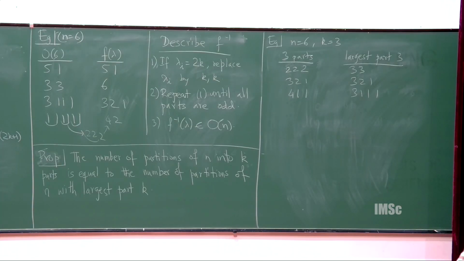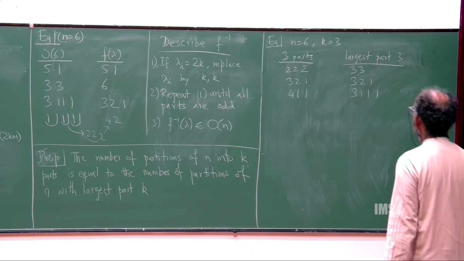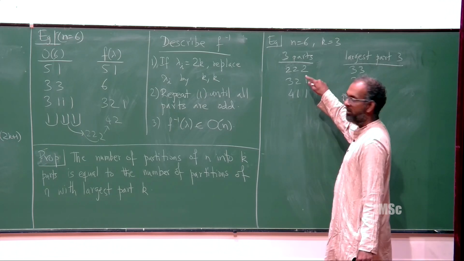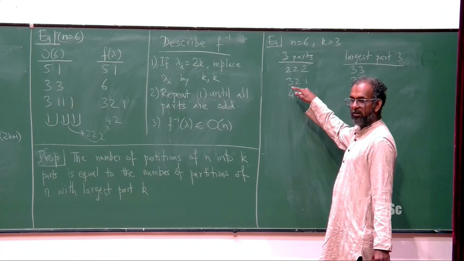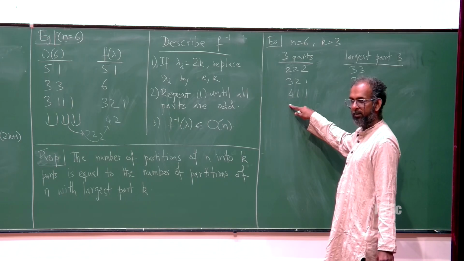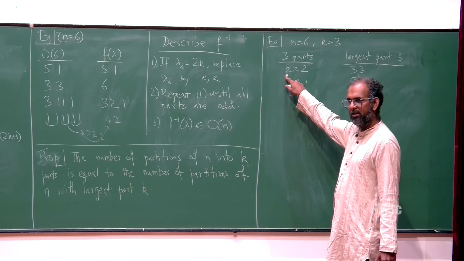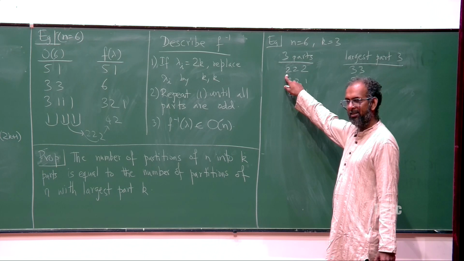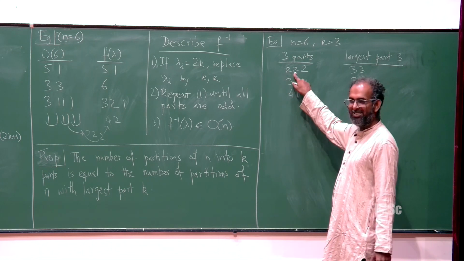If it is greater than k, then we are dividing it as k plus something. And for 2, it's even and it's less than k. When we find such a number, we can just add 1 from the next part.